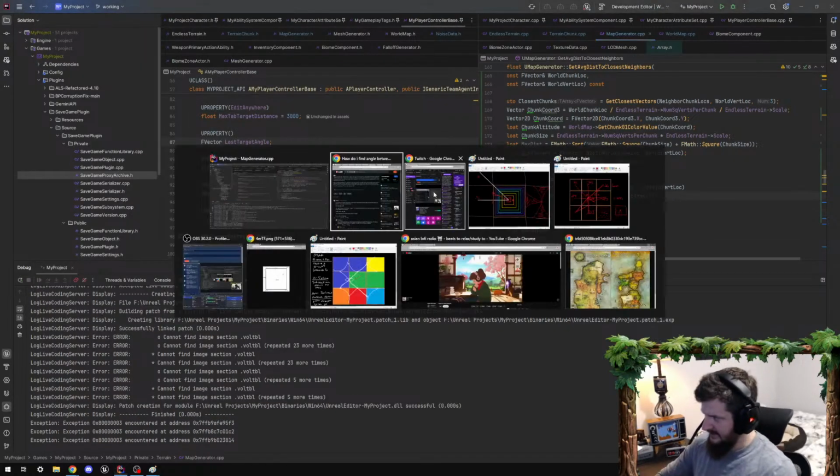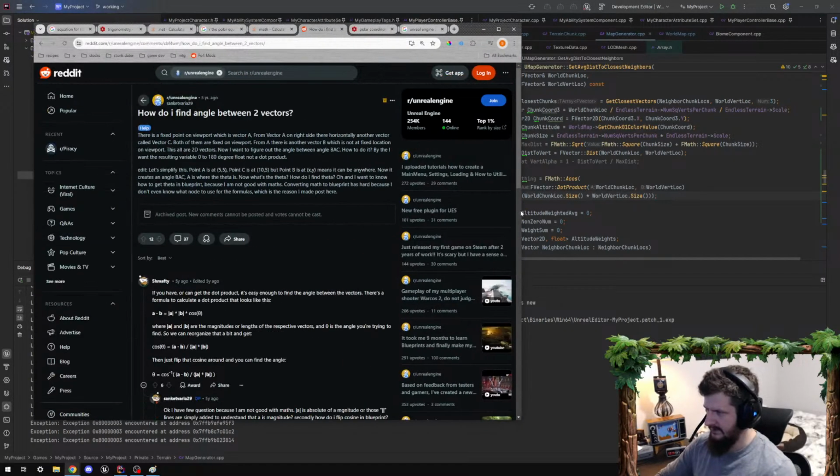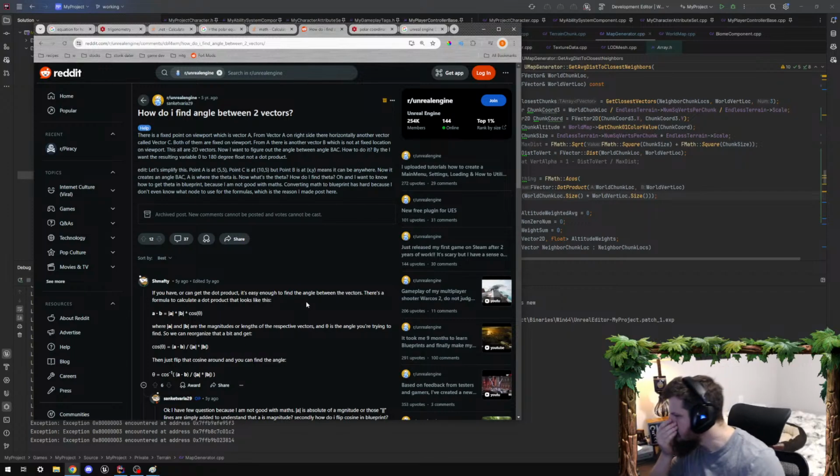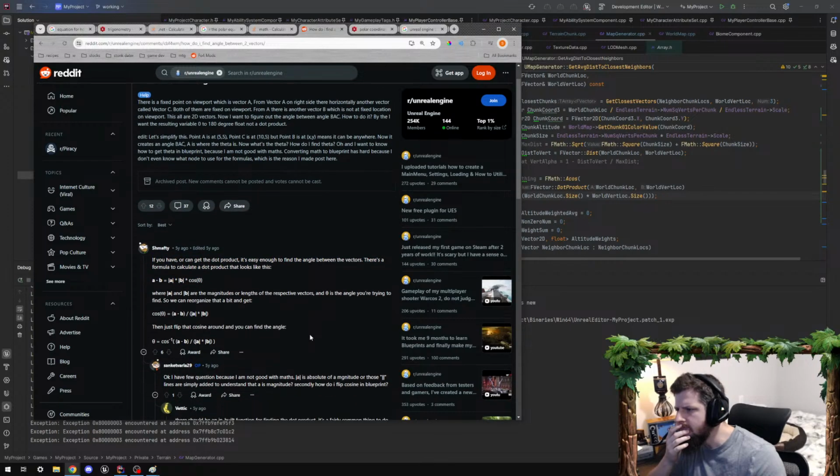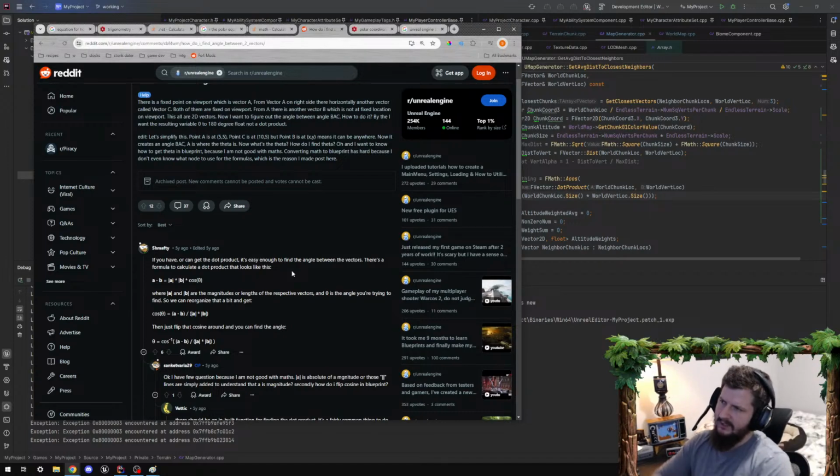I'm not actually convinced this is what I need. This question is making me rethink it. It's easy enough to find, so this is finding the angle between vectors? Is that what I want?